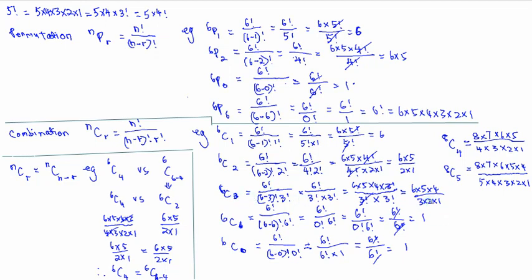Now, 6C2, you do 6 times 5. Why stop at 2 numbers? Because you have a 2 here. That means you stop at 2 numbers. Then you divide by the 2 factorial here, so it's 2 times 1. Now, 6C1 is basically 6 over 1.